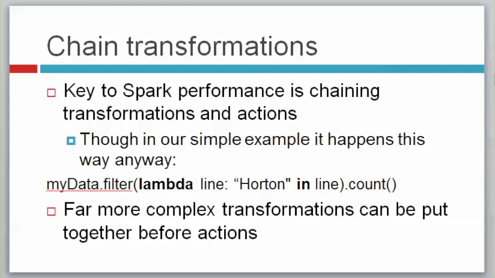Once your system is working, or even as part of planning, you should be thinking about how to chain your transformations together. In this very simple example with myData from the previous slides, you can chain together the transformation, which is seeking out the lines with Horton in them, and the action, which is counting, giving Spark the opportunity to consider optimizations of this transformation and action together.